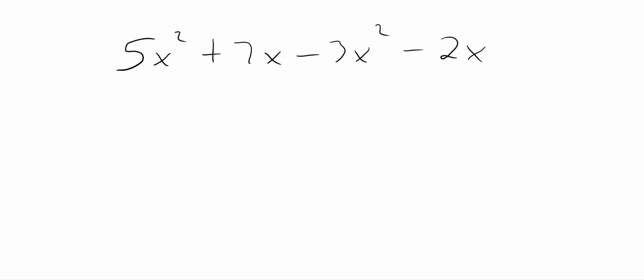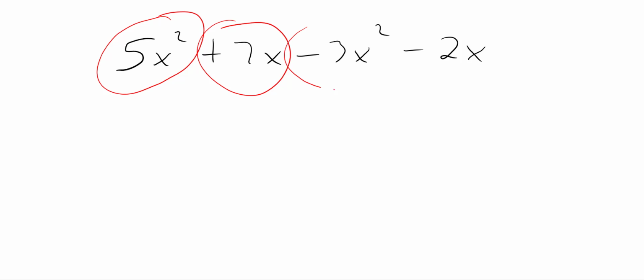All right, so let's do a couple combinations here. So if I said 5x squared plus 7x minus 3x squared minus 2x. Sometimes it's a little easier if you circle terms like that, and then you look to see what you're combining together, and then once you use them, you cross them off.